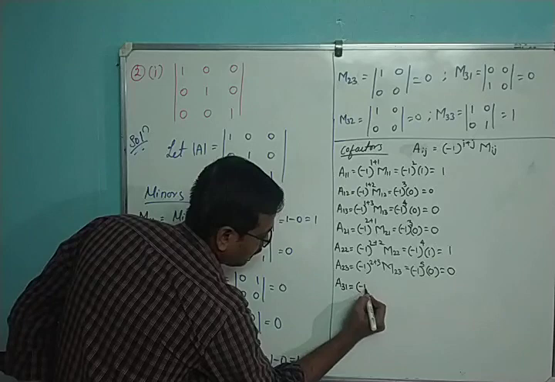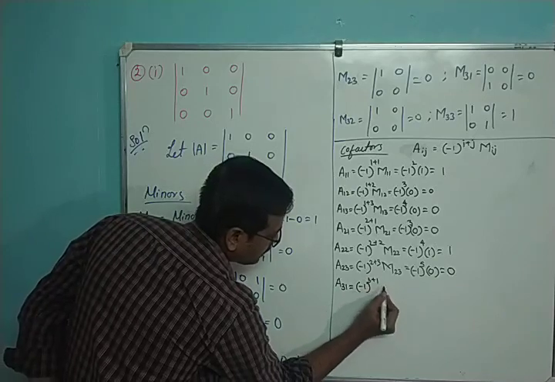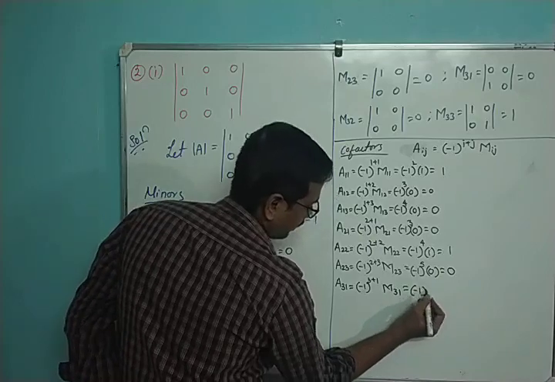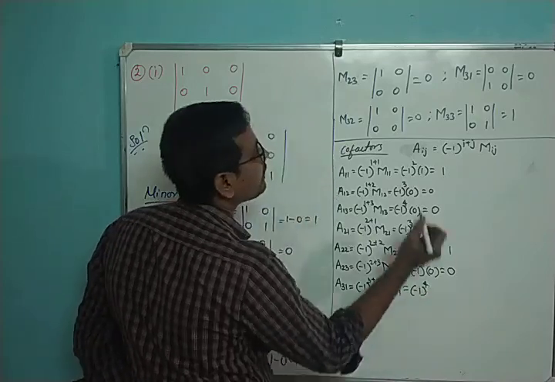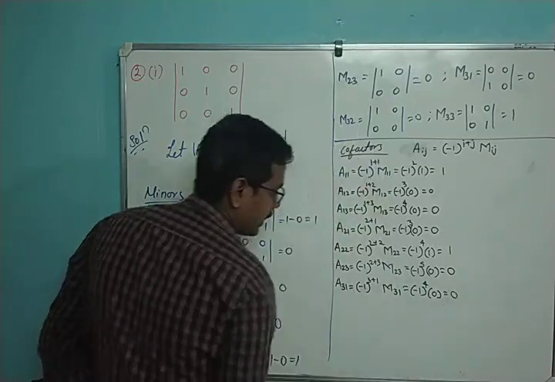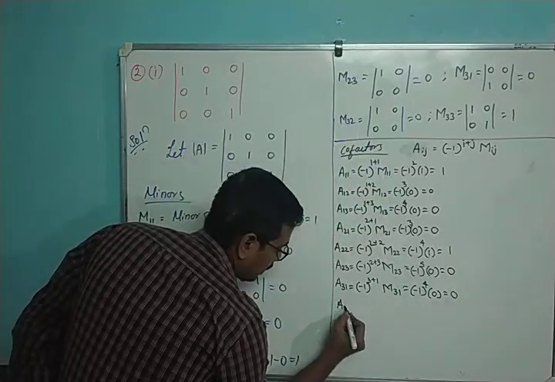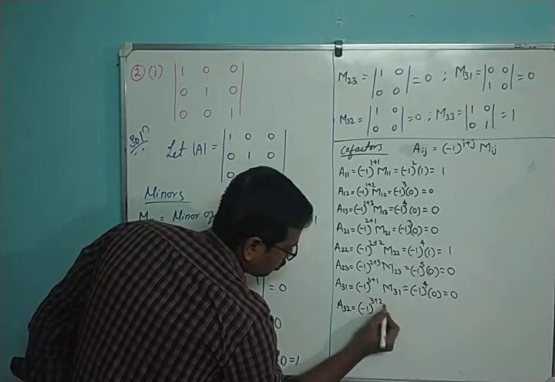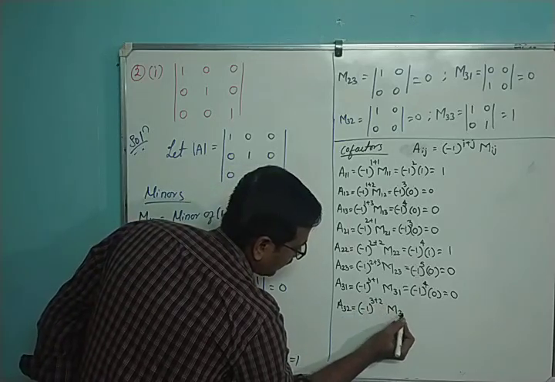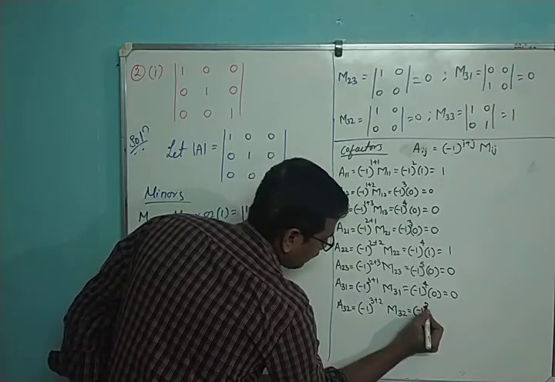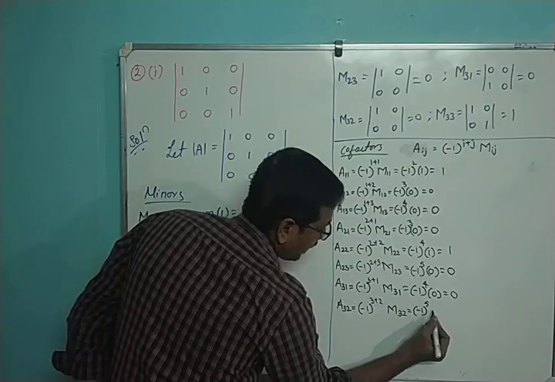A31 is minus 1 to the power 3 plus 1 into M31. So minus 1 to the power 4 into M31, which is 0. So it will be equal to 0. A32 is minus 1 to the power 3 plus 2 into M32. Minus 1 to the power 3 plus 2 is 5, into M32.